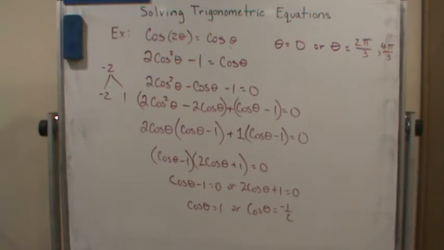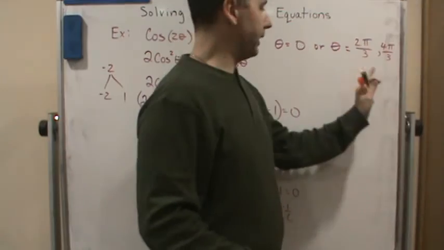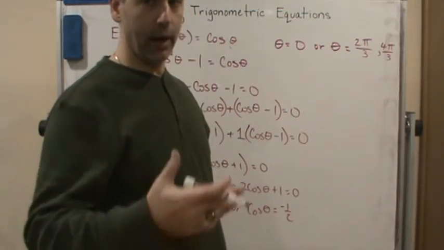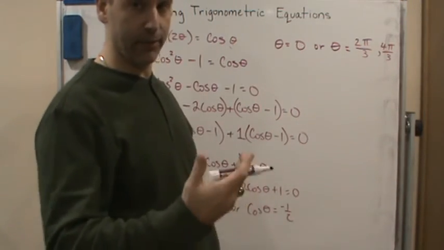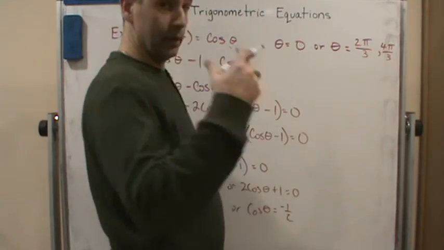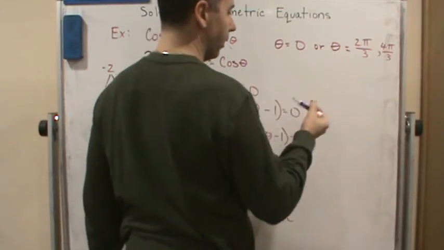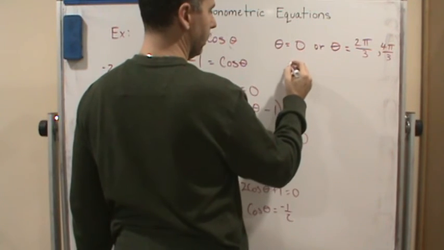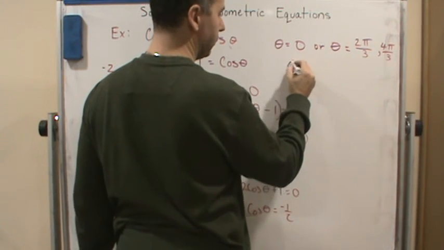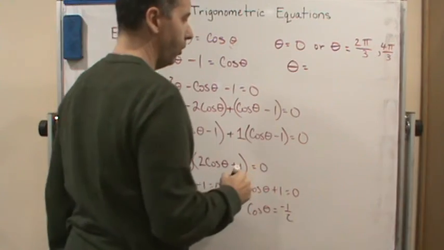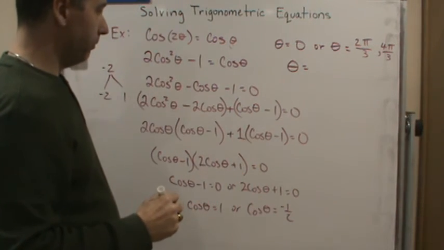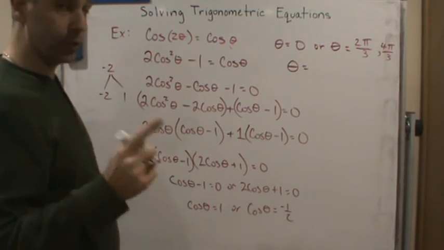Now that we got the 3, we just have to write them for all possible solutions, because again, there's an infinite number of answers. So for 0, theta is all multiples of 2 pi.